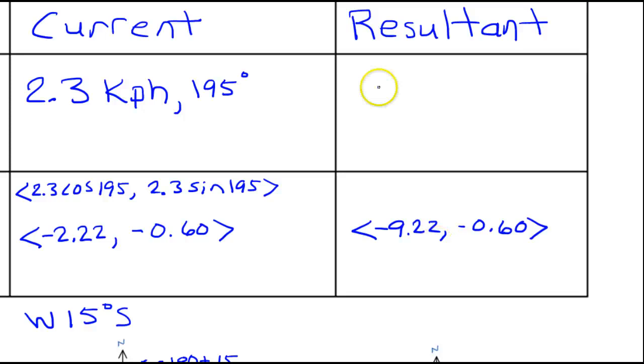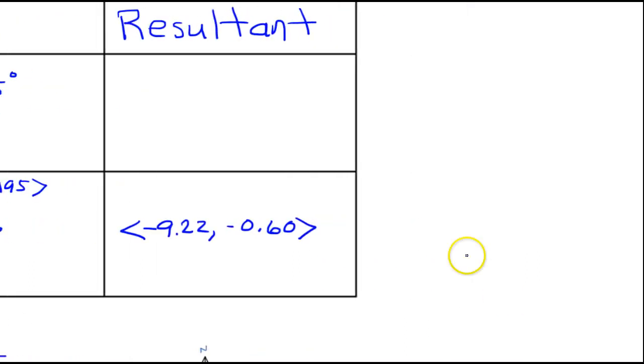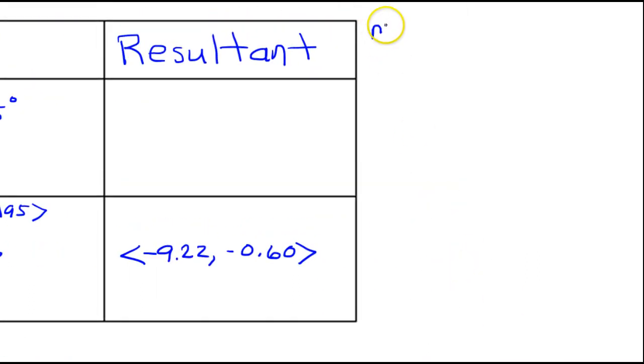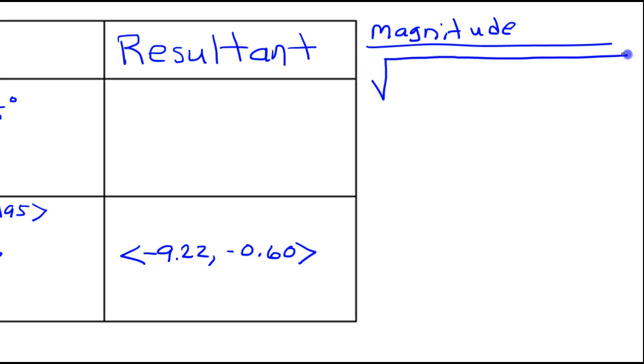Only thing is, now we need to convert it to a magnitude and direction, just like we had with the other two vectors. So let's see, magnitude and direction. Let's start with magnitude. All right, if I want to find the magnitude, I can simply use the magnitude formula.